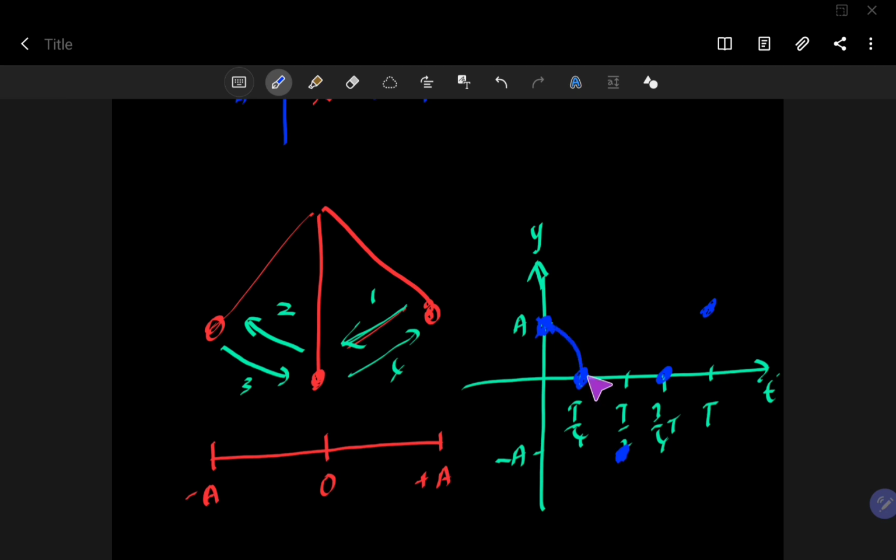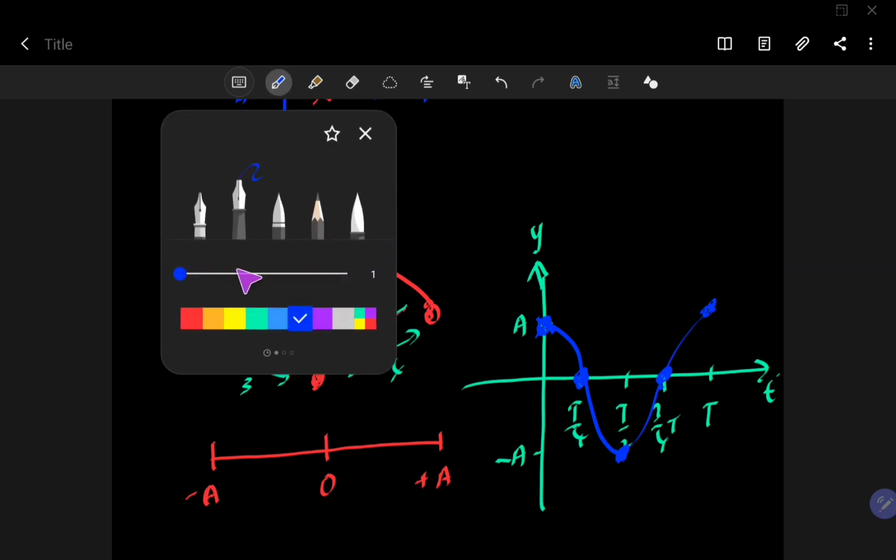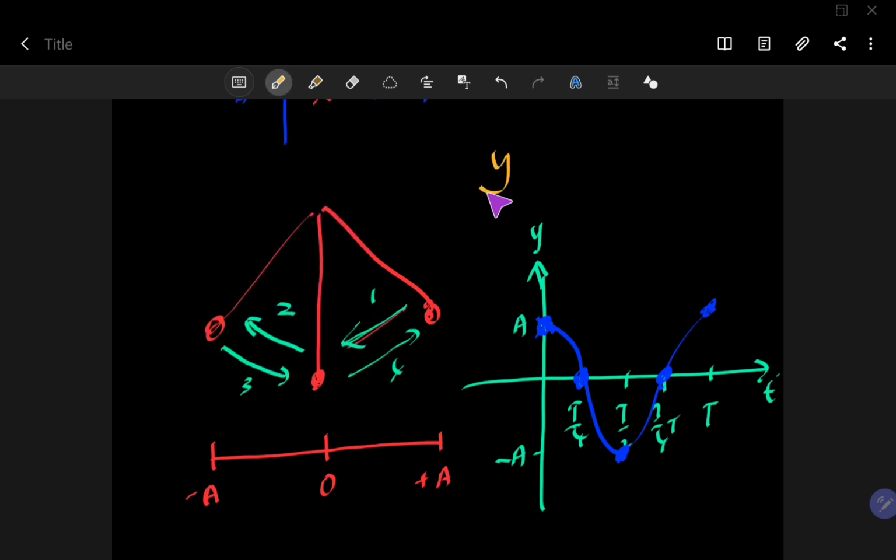Okay, so first motion, second, third, and fourth. According to the graph now, the graph is purely cos and positive, isn't it? So the equation now is y equals a cos omega t.